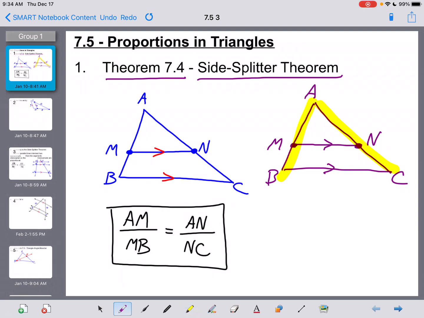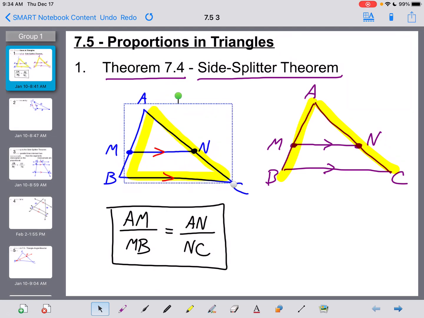Now, one of the sections that we didn't cover this year was ways of proving that two triangles were similar to each other. Well, I think you guys can see here that triangle AMN, this little triangle right here, is going to be similar to the large outer triangle, triangle ABC. I think I could show that if I drew this out a little bit.